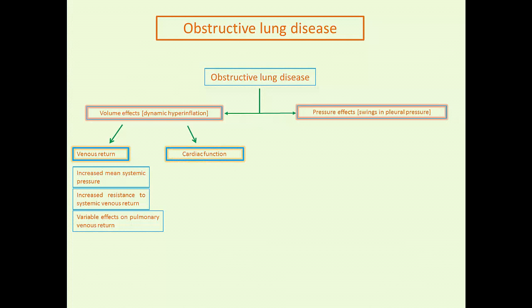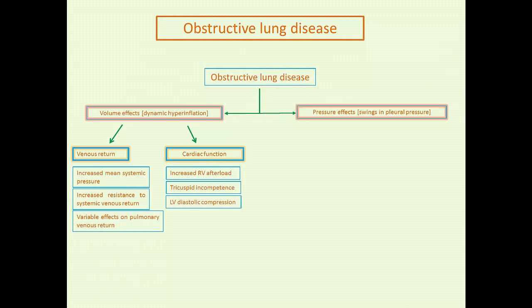And then in terms of how dynamic hyperinflation affects cardiac function, while it certainly increases right ventricular afterload as a function of increased pulmonary vascular resistance from collapse and compression of the pulmonary arterial tree, that can result in and of itself in tricuspid incompetence, which will, again, all of these effects here tend to bend the cardiac function curve down and to the right.